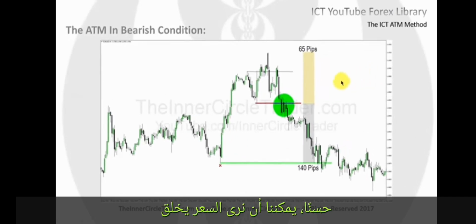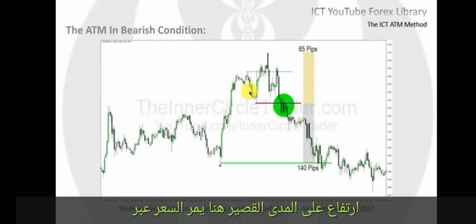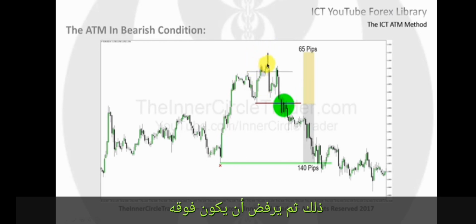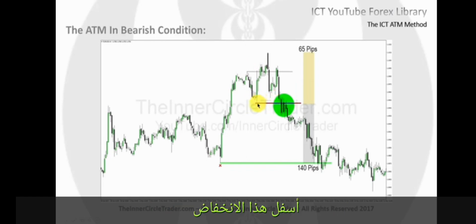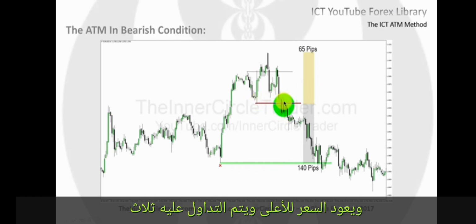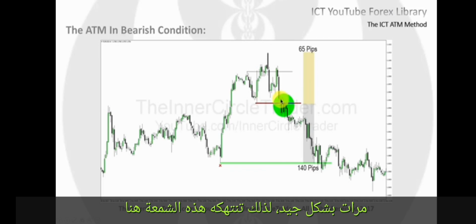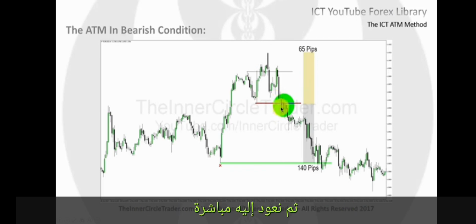Okay, we can see price creating a short-term high here. Price runs through it. We have another short-term high here. Price runs through that, and then it rejects being above this short-term high and trades down below this low, and price comes back up and retraces to it. Okay, so this candle here violates it, and then we come right back up to it and trade right into that same level.